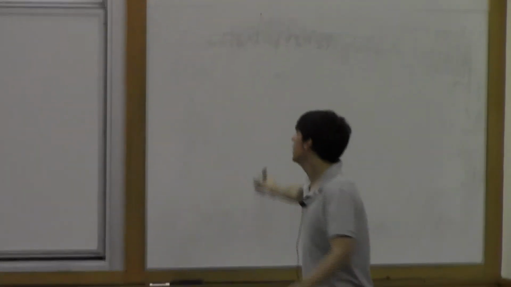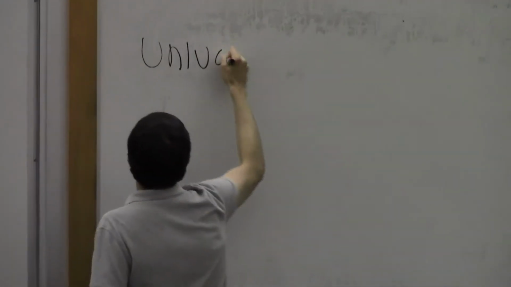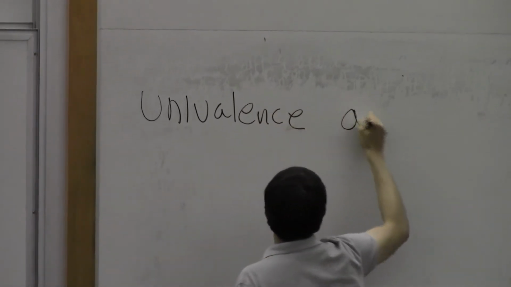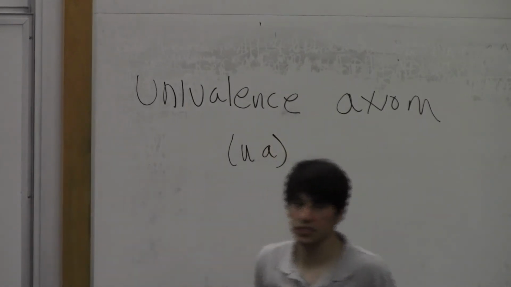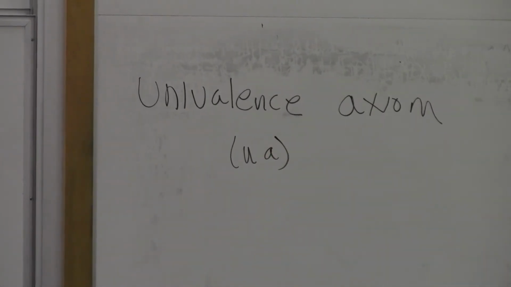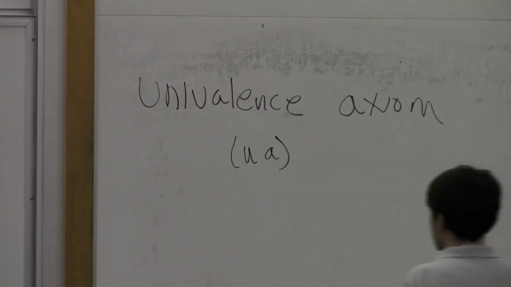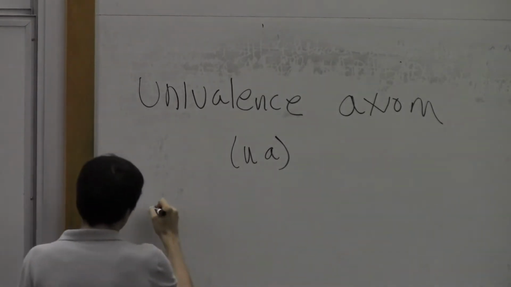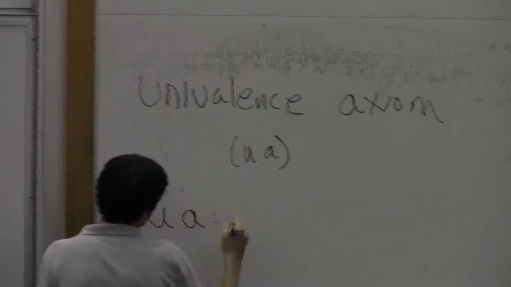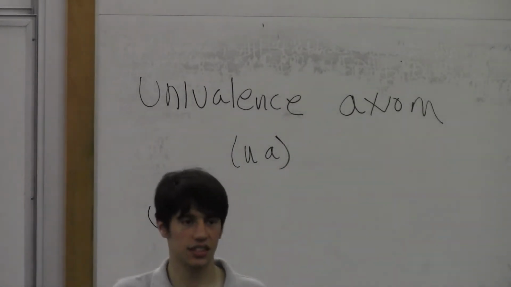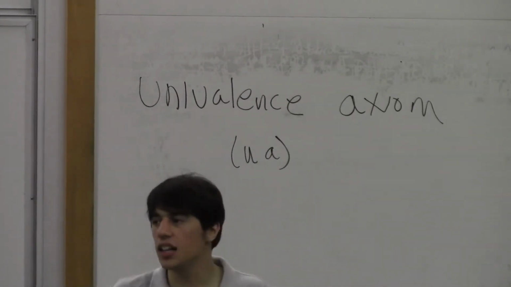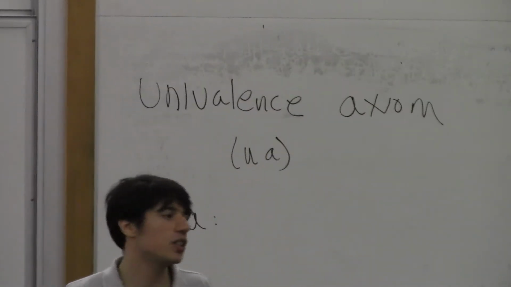So the other ingredient, and this is sort of the first new ingredient in homotopy type theory, is something called the univalence axiom, which was written UA in the code. Okay? And that might sound scary. It's like a word that's not exactly English, but that's okay. And UA is actually a very simple principle with pretty deep consequences. Okay? And we've already built up all of the vocabulary we need to say what UA says.